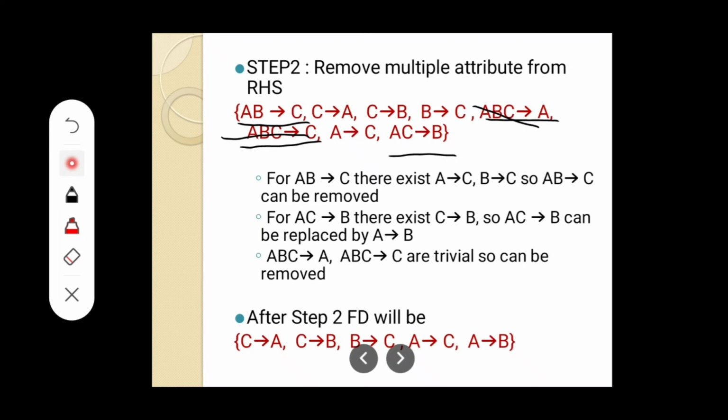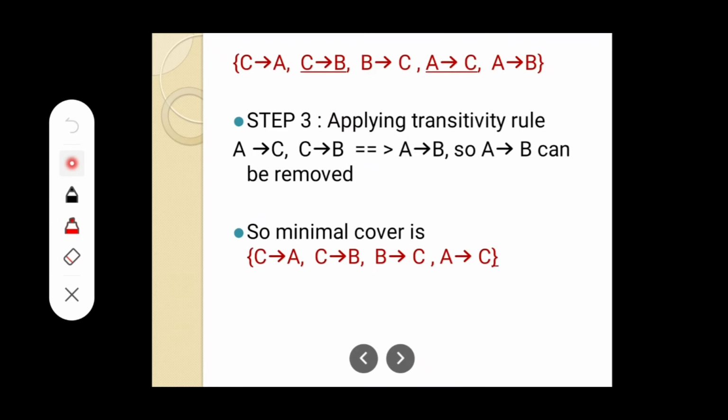Okay, now step 3. In step 3, what we have to do is apply the transitive rule, right? Transitive rule. Now which functional dependencies can we apply the transitive rule to? Look here, A determines C and C determines B. Okay, when we apply it here, what do we get? A determines C, C determines B. That means that A determines B. Do we have A determines B?